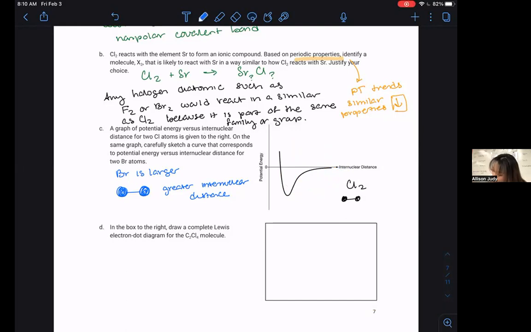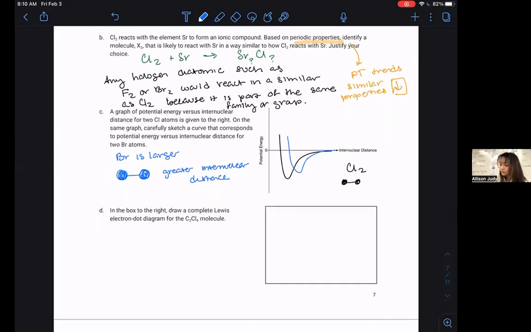The dipping point might be a little higher than chlorine, because with greater distance between them, you have less nuclear attraction since they're slightly farther apart. So you have a slightly weaker Coulombic attraction between the nuclei because of the distance. So bond energy is a little lower, or another way of putting it is the potential energy is a little higher.